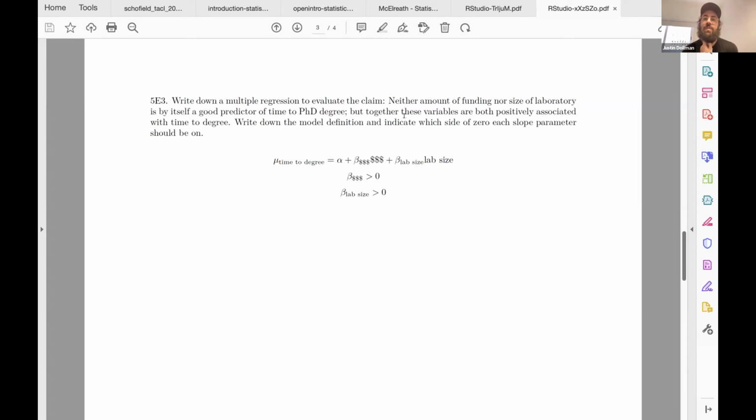But also, if it were an interaction, that would at least allow for the possibility that one of these is negatively correlated with time to degree, conditional on a certain value of the other one. So it's just a more complex situation.